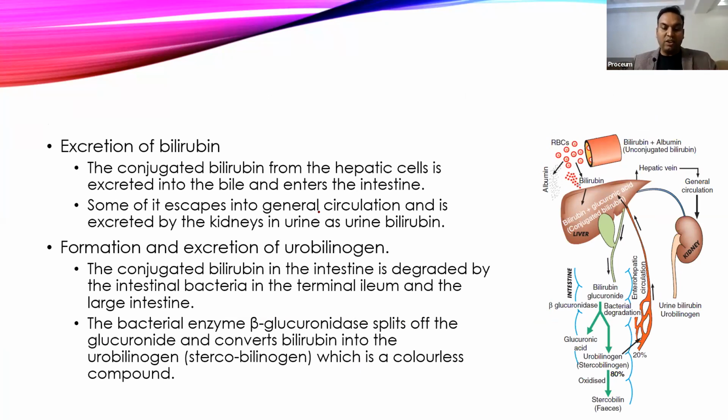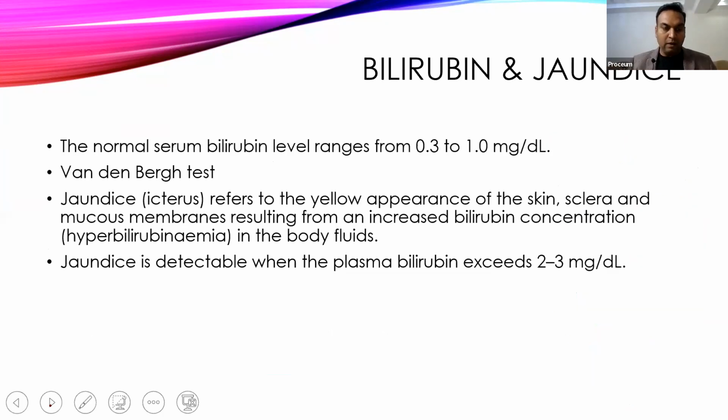Now, once the conjugated bilirubin enters the intestine, it is degraded by the intestinal bacteria in the terminal ileum, and released into the feces, and that gives the golden yellow color to the feces. This is called stercobilin. Some of this is reabsorbed, and then it's secreted into urine as urobilinogen. Okay, so this is how the bilirubin cycle occurs.